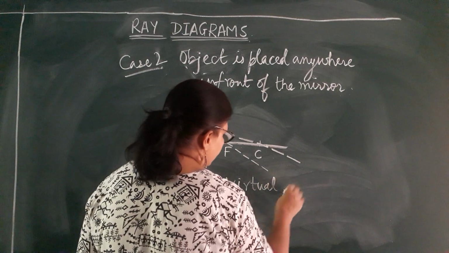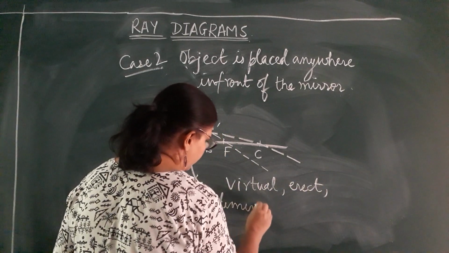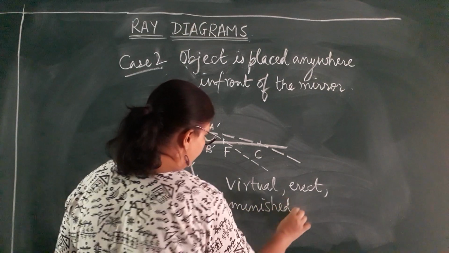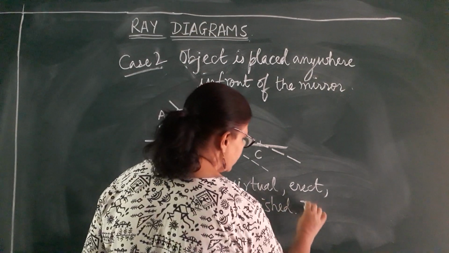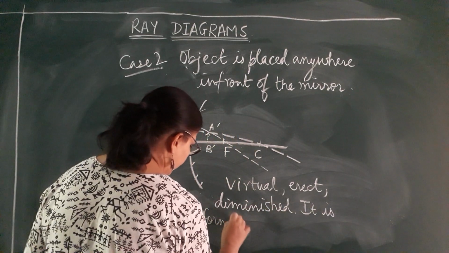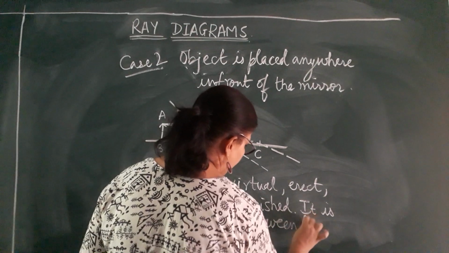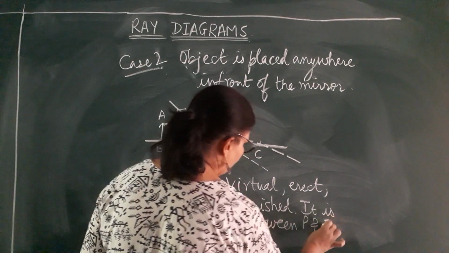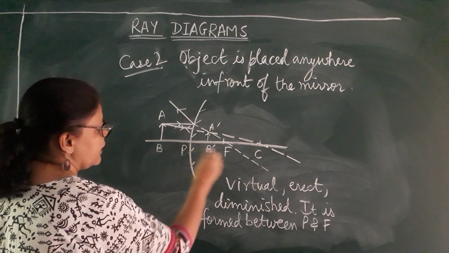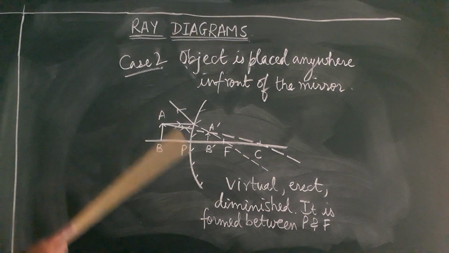It is erect. It is diminished. We will use the word diminished because it is smaller in size than the object. And it is formed between P and F. You can see it is formed in between, this is P and this is F. So this is the second case for convex.